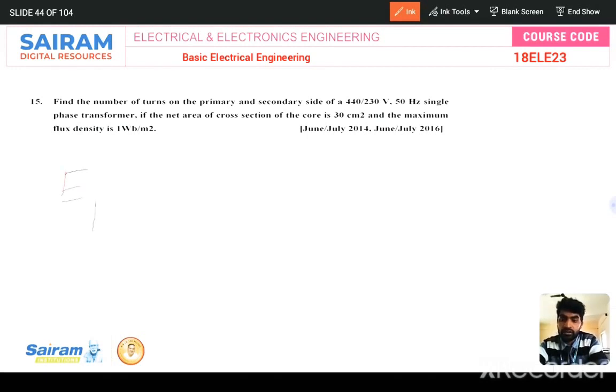E1 or V1 is equal to 4.44 f phi m N1. Okay, instead of V1 I have taken E1 here. Your wish, you can take any symbol, E1 or V1, only the letter is different, right?